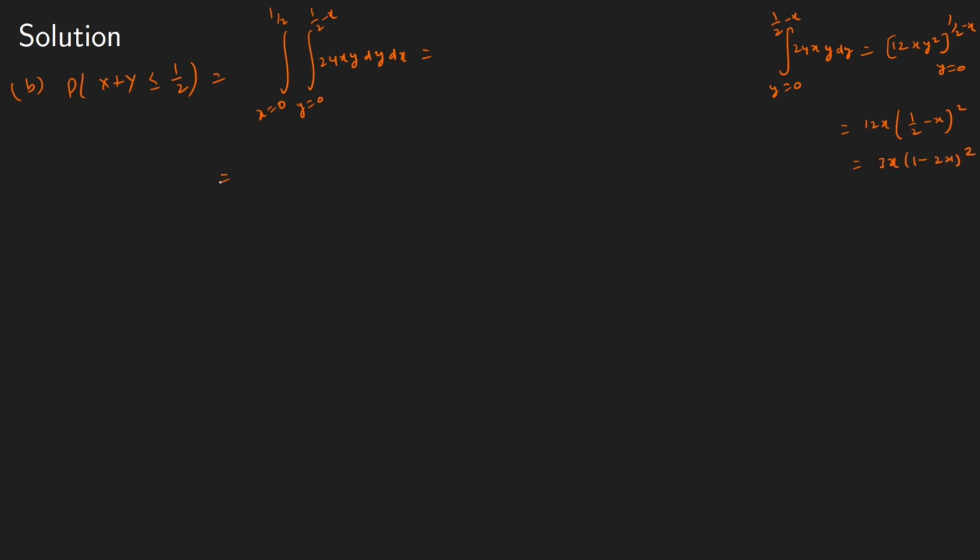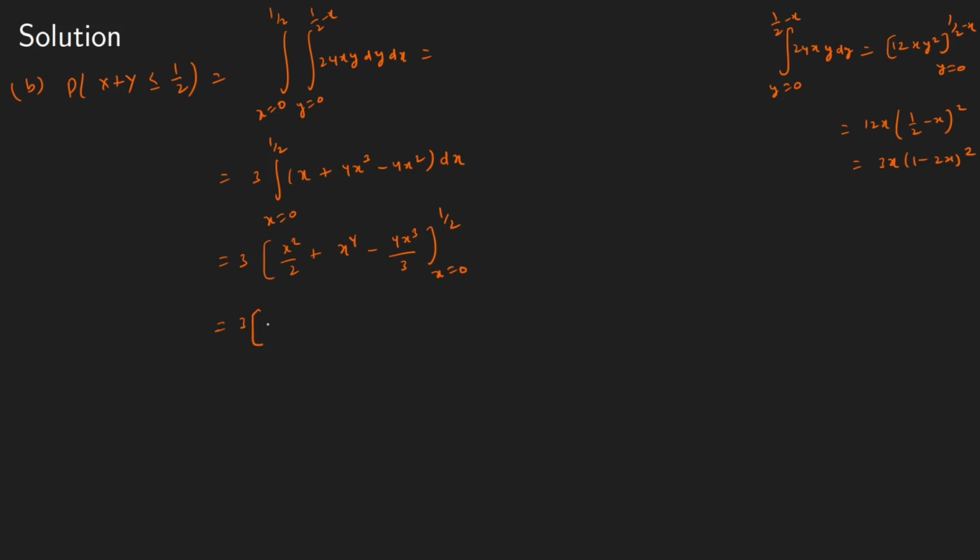So we can put it here, x equals 0 to half, 3 we can take out, it will be x plus 4x squared times x, so it will become 4x cubed minus 4x squared dx. Now we will integrate it: x squared by 2 plus 4x to the power 4 divided by 4, so it will be x to the 4 minus 4x cubed by 3, and it will go from x equals 0 to half.